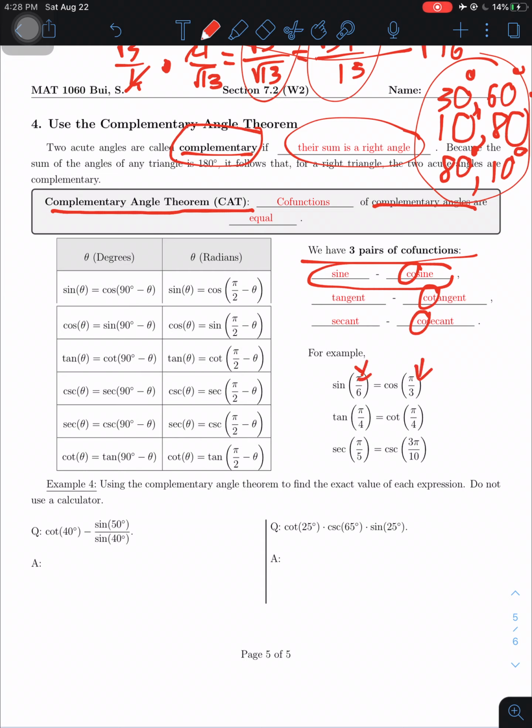These will be a little harder to do, but just remember one thing: pi radians is 180 degrees. So whenever you see pi, it means 180 degrees. So pi over 6 here means 180 divided by 6, which is 30 degrees. And pi divided by 3 means 180 divided by 3, which is 60 degrees.